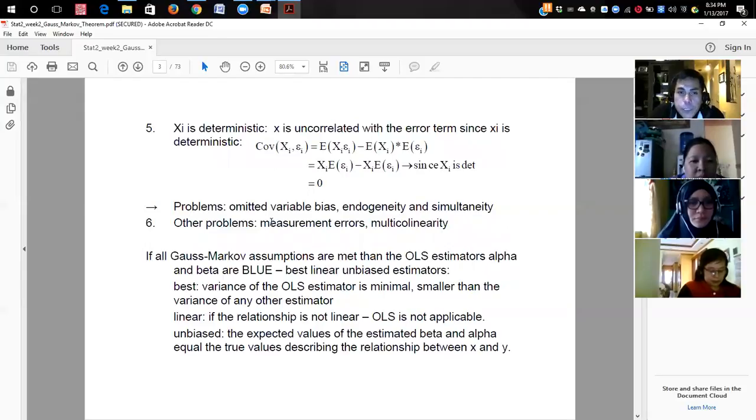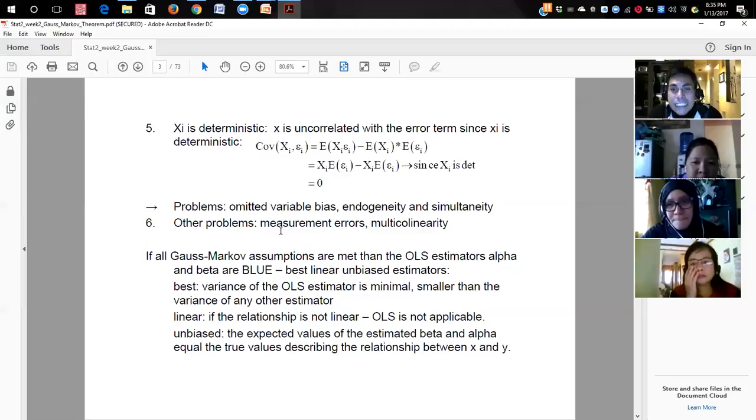So potential problems are omitted variable bias, endogeneity, and simultaneity. And so we are going to look at, again, collinearity, multicollinearity, and the existence of many other potential problems, such as measurement errors, inconsistency of using the same tool, inconsistency of using the same standards of the equipment of your experiment, and multicollinearity of the independent variables.